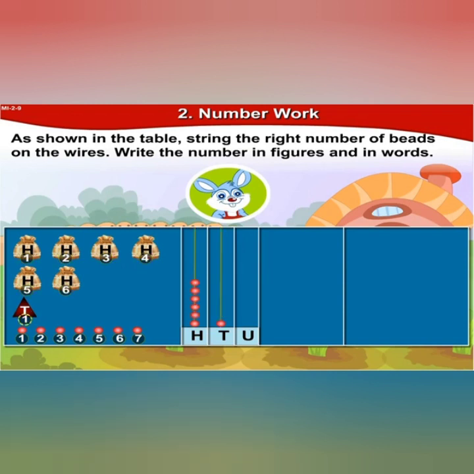At tens wire, 1 bead. At units wire, 7 beads. Which means it is 600, 1 ten, and 7 units. So in figures, it is 617, while in words, it is 617.